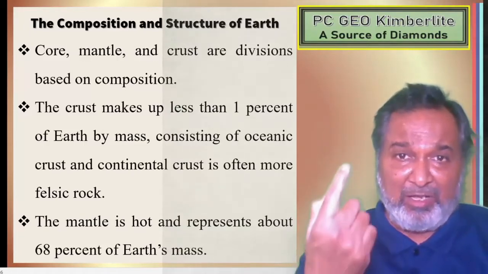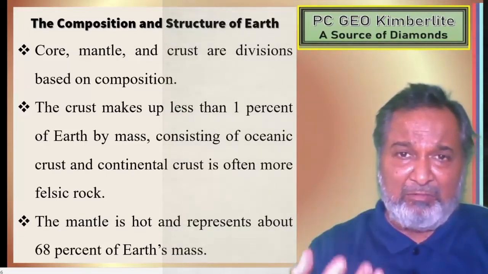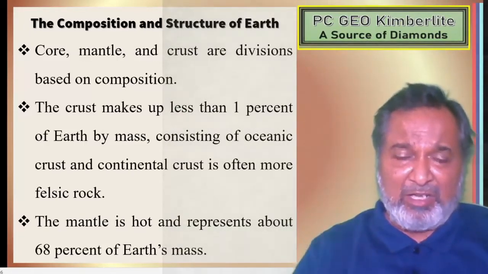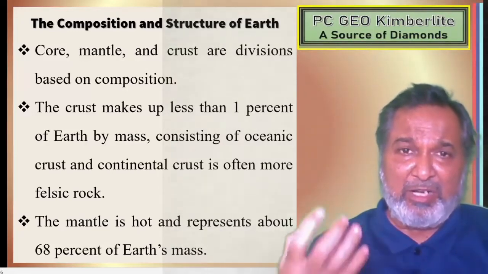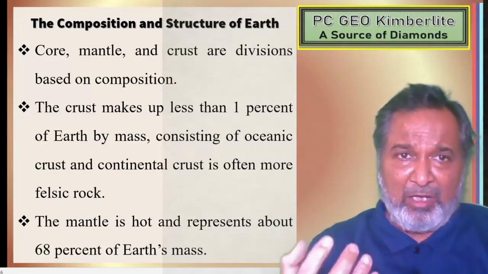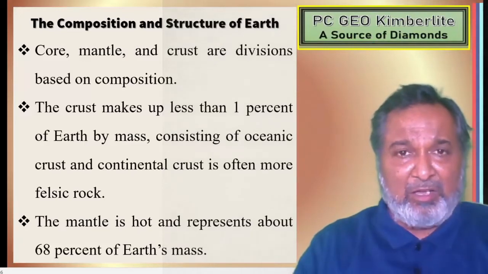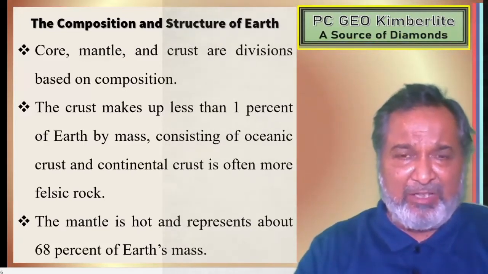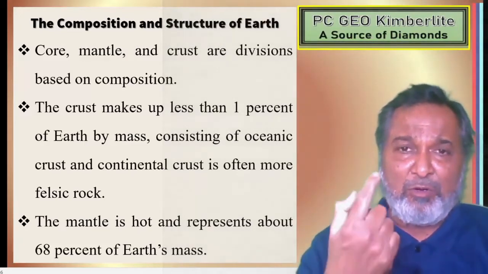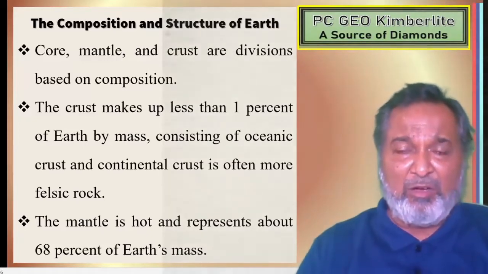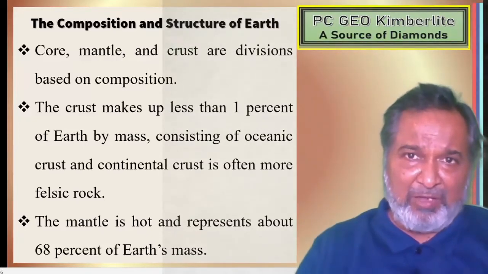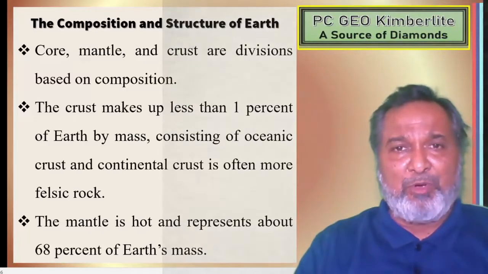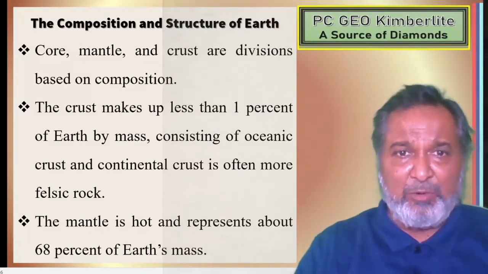You can imagine. Where we are staying now, on the crust, that crust is 40 to 45 kilometers of solid, hard rock formation, and that contributes just 1% of earth mass, where we have the continental plates as well as the oceanic crust.